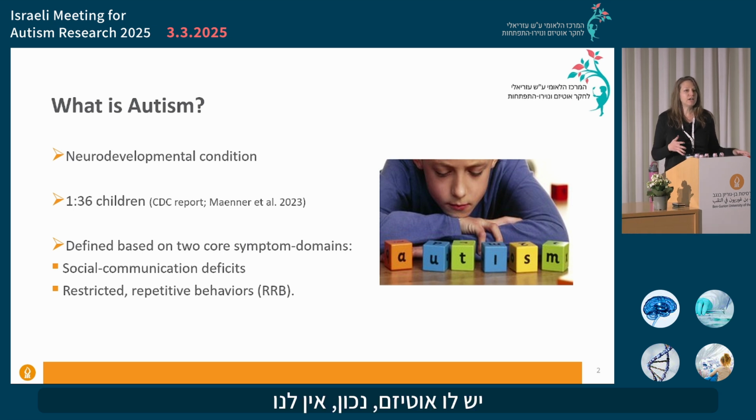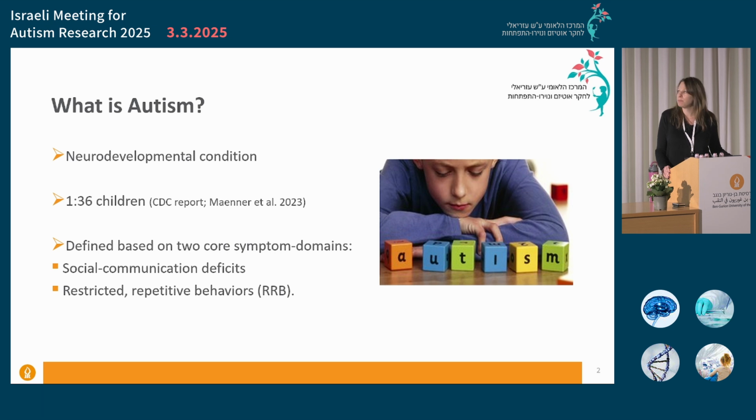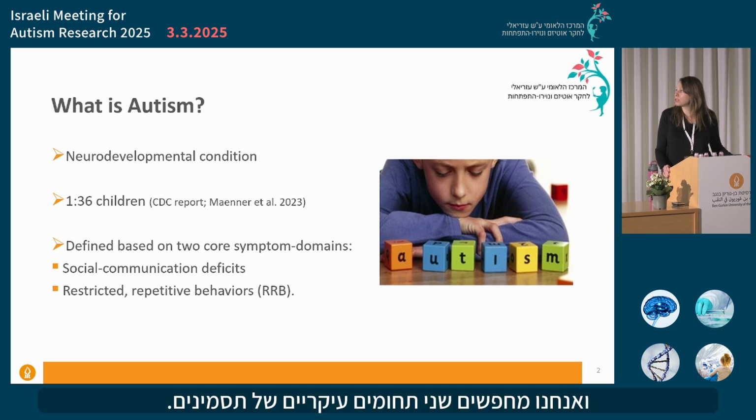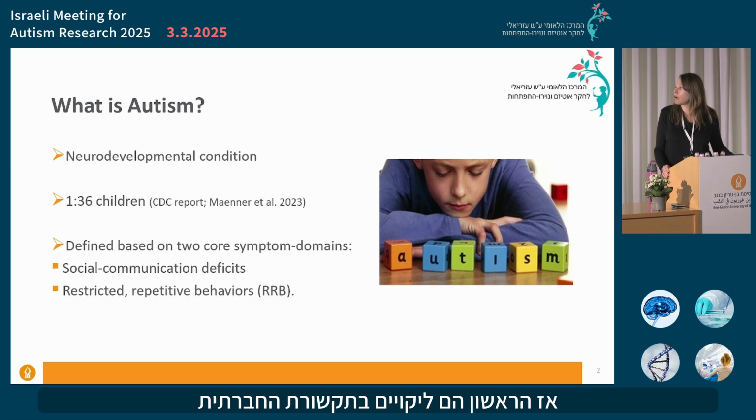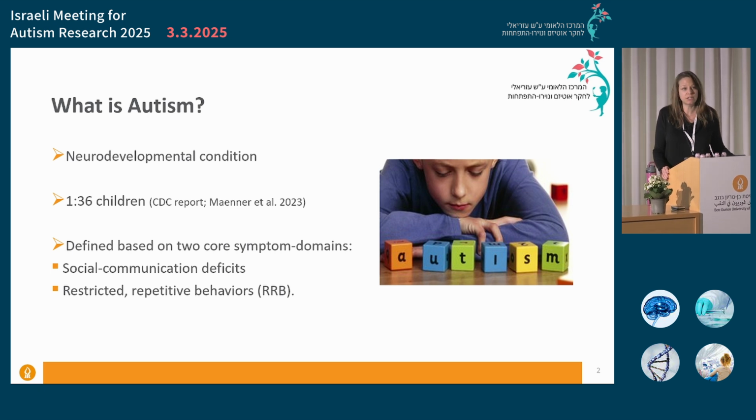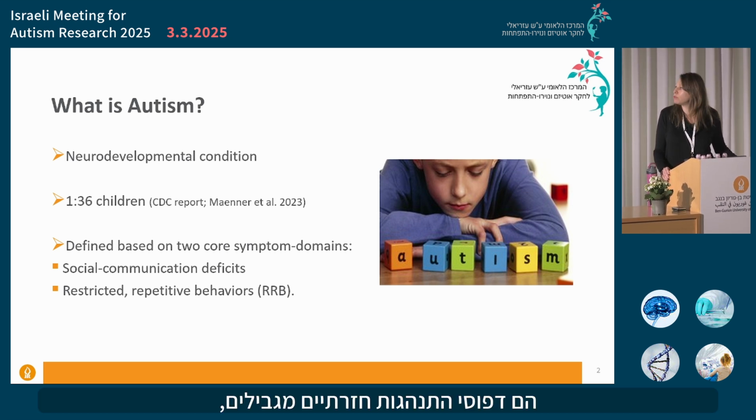We don't have a genetics test or a blood test that can identify children with autism. What we do is we use standardized measures to try and identify the presence of core symptoms in a person's behavior. And we look for 2 core symptom domains. So the first are the social communication deficits, and the second are the restricted repetitive behaviors, or the RRBs.